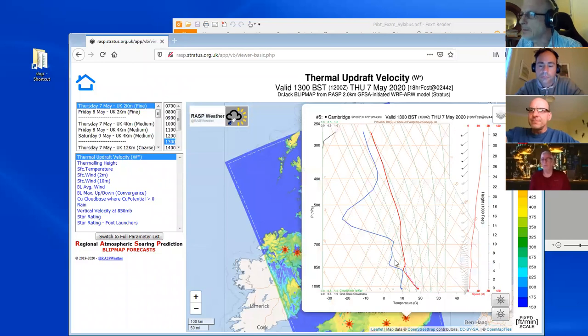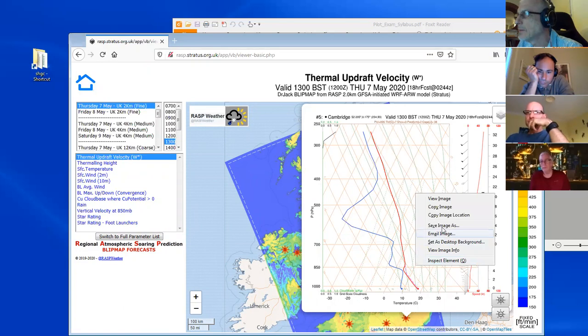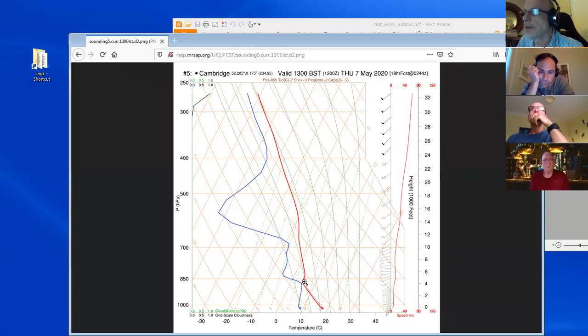So, okay, here you see much better conditions. Here we can actually see we've got much better thermal activity, and we've got a base here at about probably 3,000 feet.